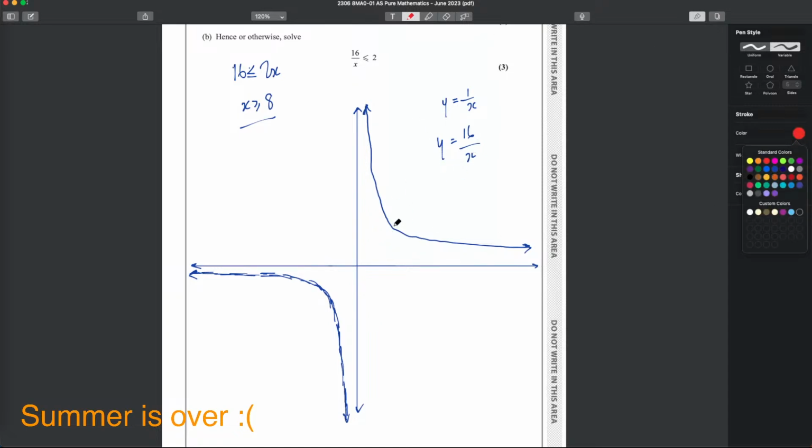So when x is 1, y will be 16. What about when y is 1? x would be 16. So what would be this point here?